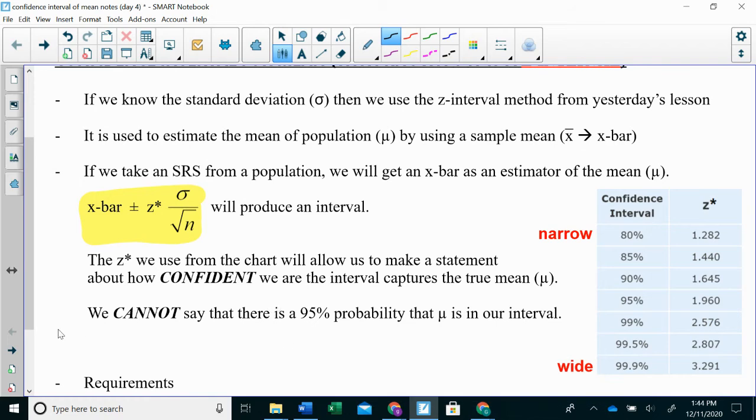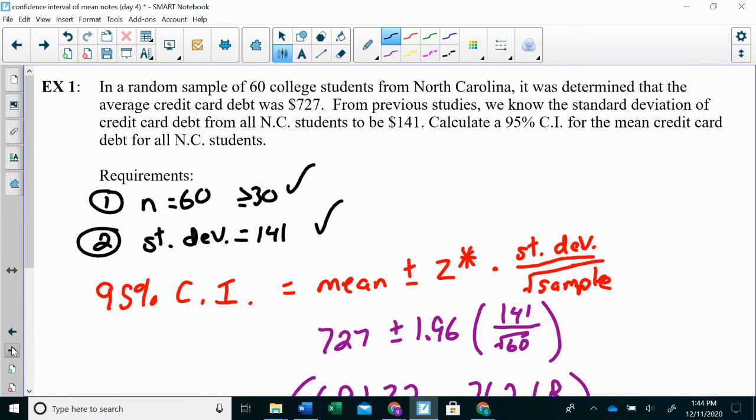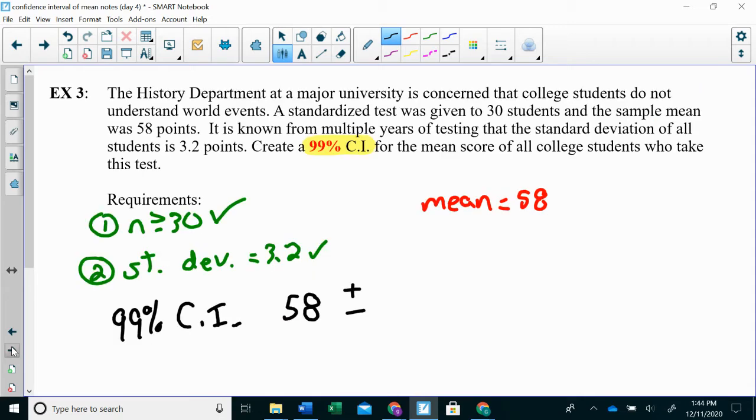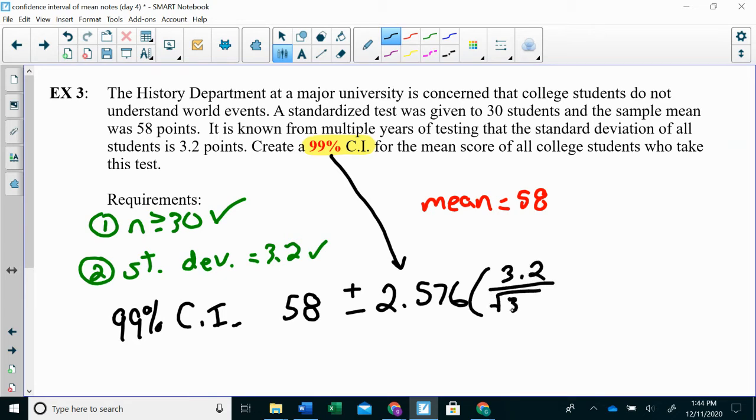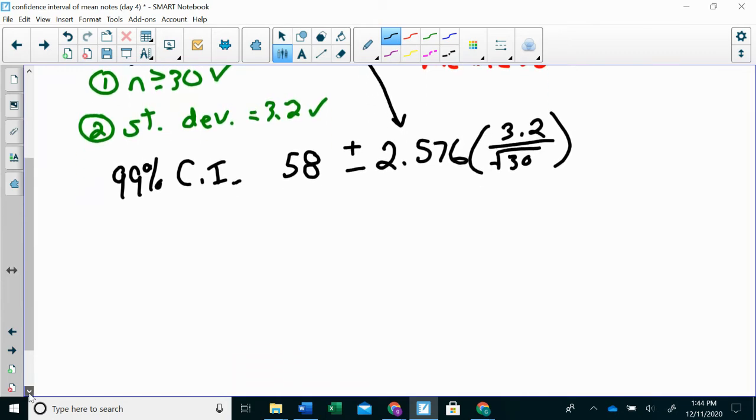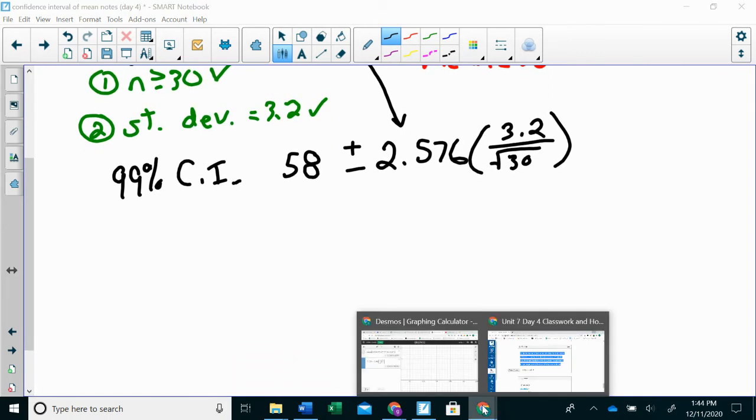Now, some people are going to get mixed up. All I've done is pick the correct factor number, 2.576, off of that chart that's provided. So, 2.576, parentheses, the standard deviation of 3.2 divided by the square root of our sample size, 30. Now I can take that information to Desmos and let Desmos crunch those numbers for us.